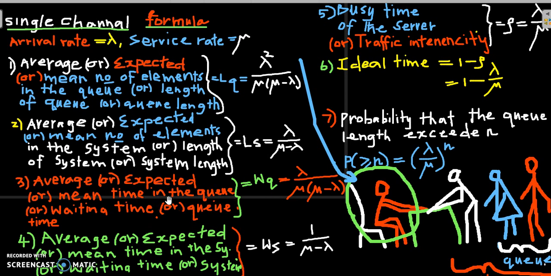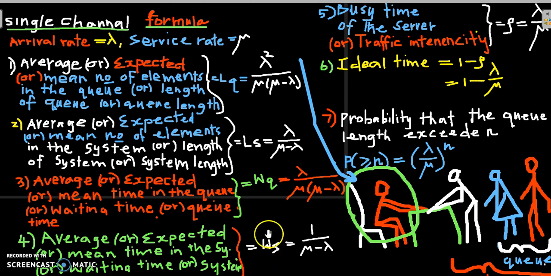That's called waiting time. So the waiting time of a person in the queue is given by the formula WQ equals lambda divided by mu into mu minus lambda. Lambda is available from here, mu is available from here. Substitute all those in this formula, then we can get the waiting time of a person in the queue.